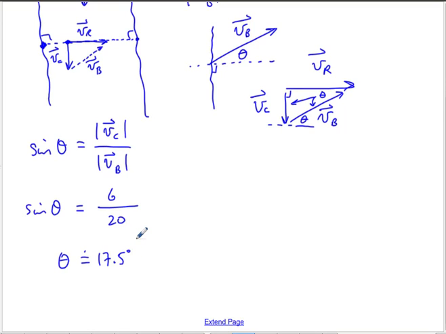I'm just going to double check that. The inverse sine of 6 over 20 is equal to 17.5 degrees. And the reason we say this is upstream is that we're opposing the current. Therefore, we have to steer the boat 17.5 degrees upstream.